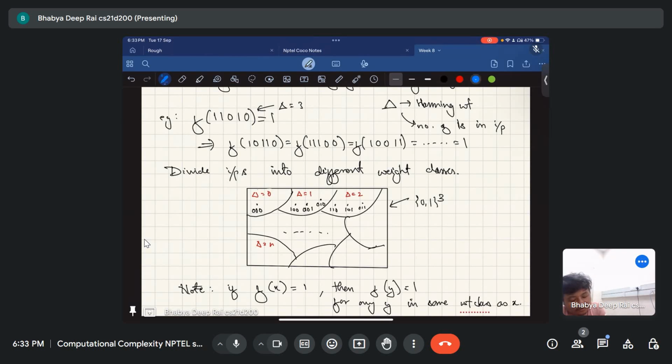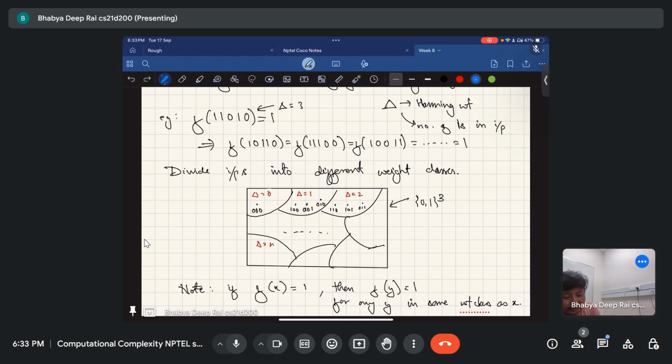So even if, let's say, f evaluates to 1 on 1 1 0, then even on 1 0 1 and 0 1 1 it will evaluate to 1 by definition of symmetric functions. Similarly, if it evaluates to 1 on 1 0 0, then it will evaluate to 1 on 0 1 0 and 0 0 1, and so on.